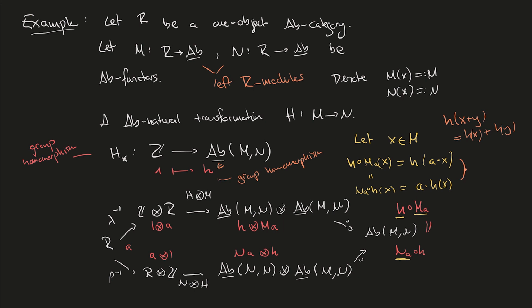Thus, we've seen that if we think of Ab-functors between a one-object Ab category and the category of abelian groups enriched over itself as being left R modules, then an Ab natural transformation between two such left R modules is actually just an R module homomorphism. Thus, once again, we've managed to recover a notion that we've known before from a special case of enrichment.